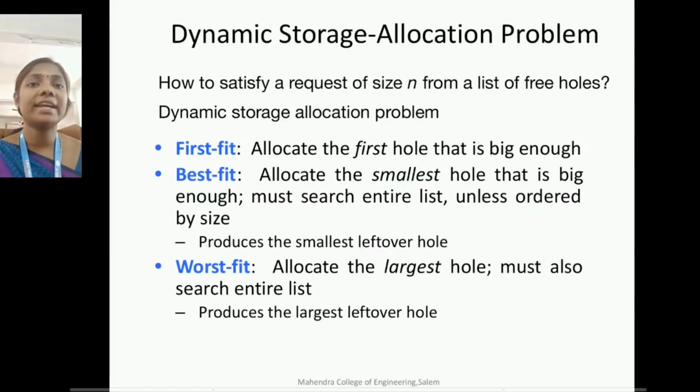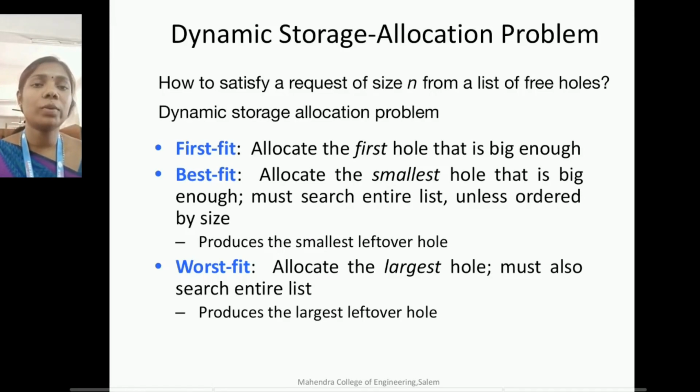Whenever you try to allocate these various blocks or sizes of memory available, the dynamic storage allocation problem can be solved using first fit, best fit and worst fit techniques.